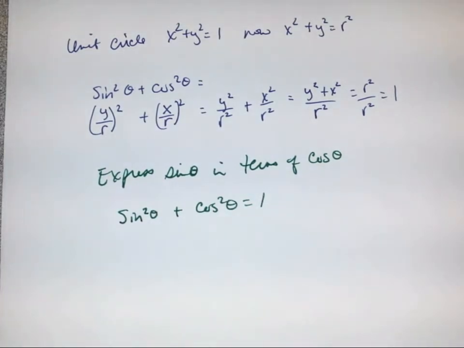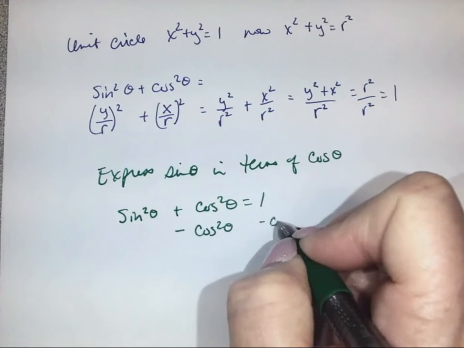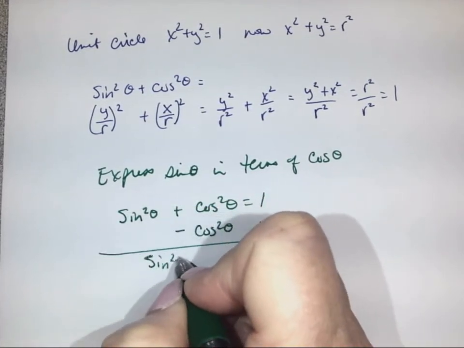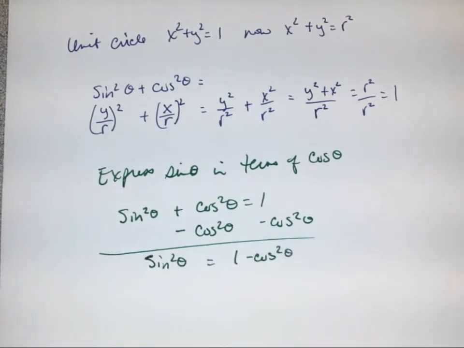If I want to do sine in terms of cosine, I need to solve for sine. So I'm going to subtract my cosine squared theta from both sides and get sine squared theta equal to 1 minus cosine squared theta.